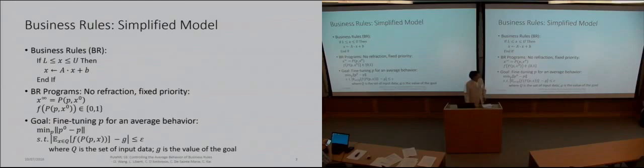So I'm introducing some notations, big P of small p and x, where x0 is the initial data point, is going to be the output of the business rules program, and small f of this value is going to be the actual decision. So I'm limiting myself to a yes-no decision, so 0, 1 output.